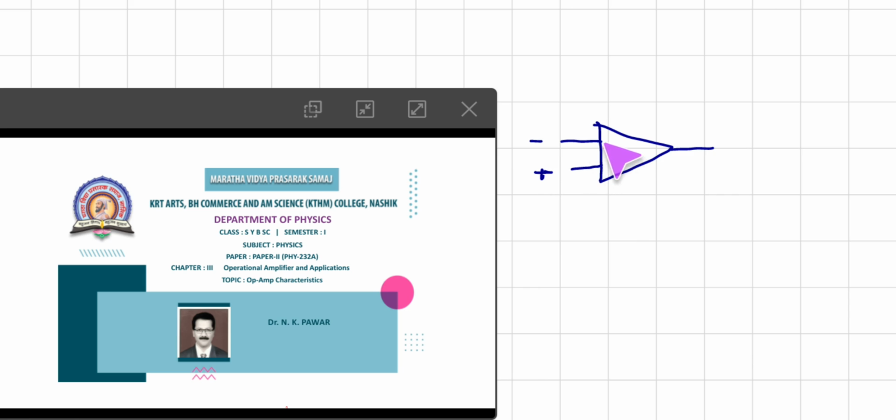This is the inverting terminal, this is the non-inverting terminal. So here we can see that there are many uses of operational amplifiers.